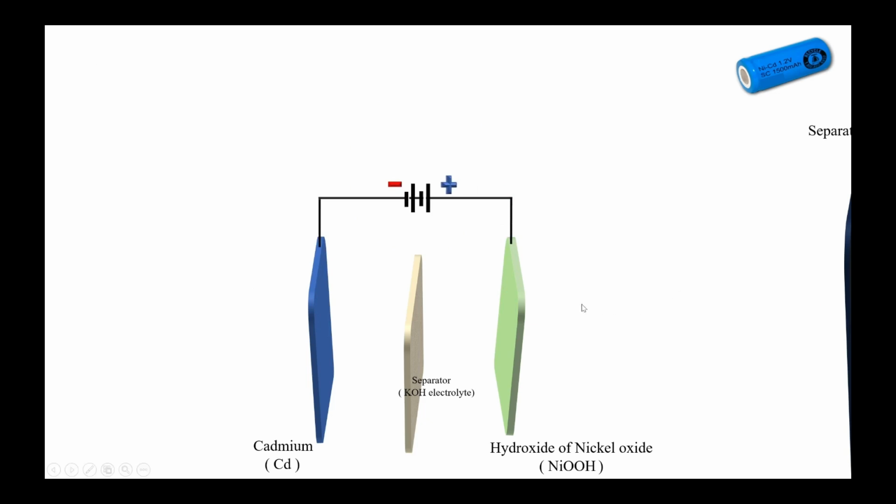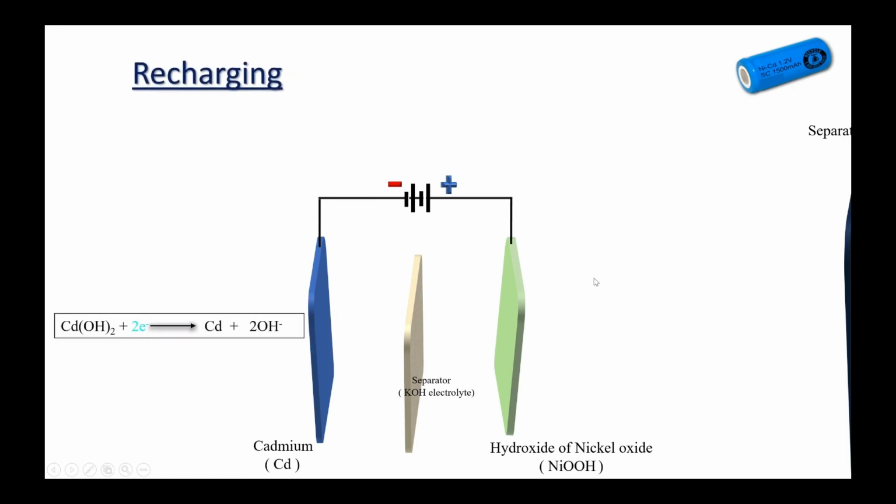When we connect the battery to an external source of electrical energy, there will be recharging. The cadmium hydroxide, which has been formed from cadmium, takes 2 electrons provided by the negative terminal of the battery to become cadmium, which starts to deposit on the cadmium layer along with 2 hydroxide ions.